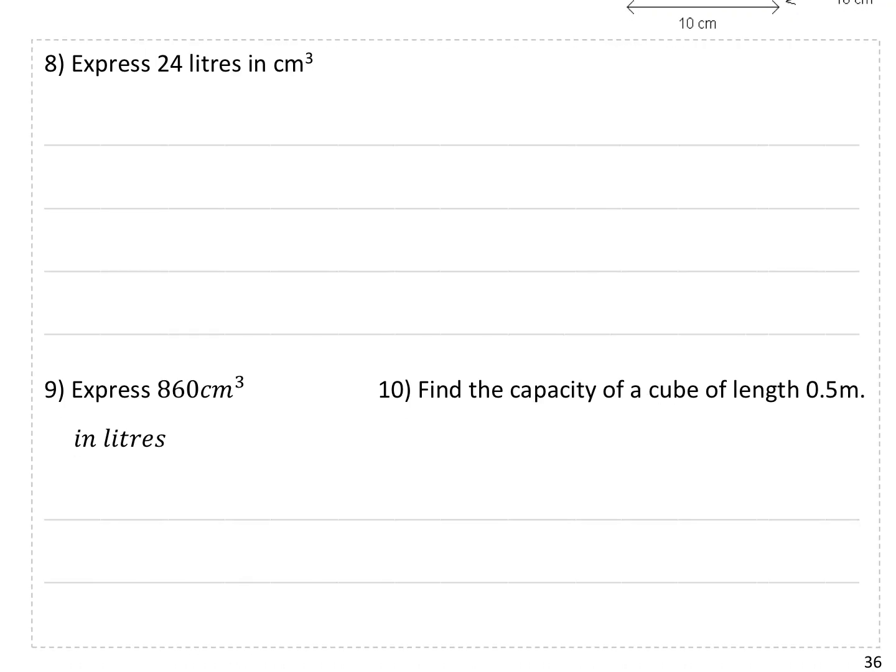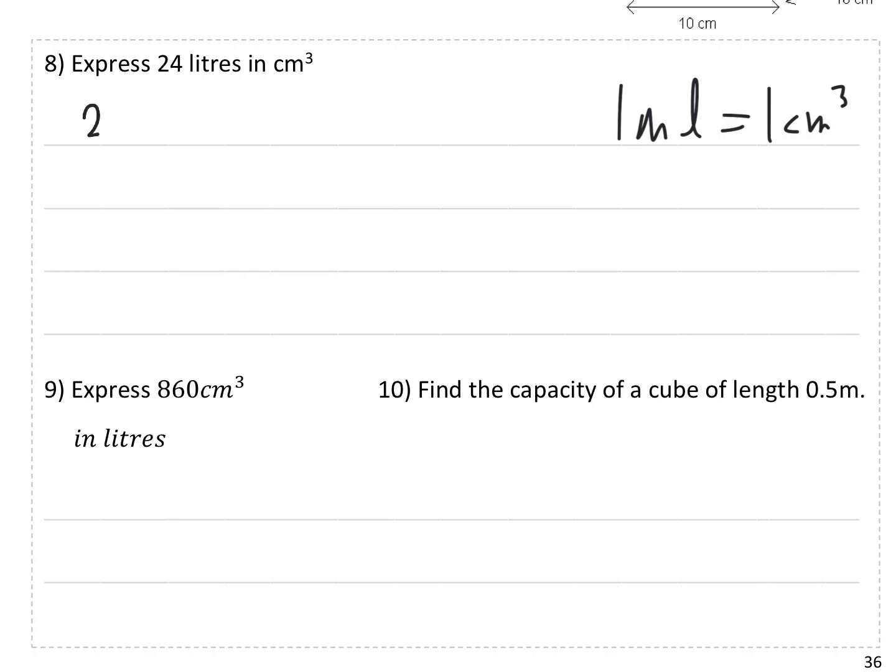So example 8 is to express 24 litres into centimetres cubed. The conversion that we know, or hopefully you will memorise, from capacity to volume is that 1 mil is 1 centimetre cubed. So I'd first of all like to change 24 litres into mils.